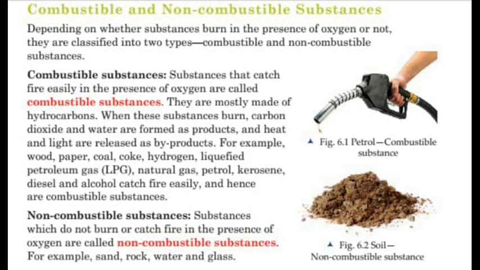For example, wood, paper, coal, hydrogen, liquefied petroleum gas, that is LPG, which we use in our homes, natural gas, that is CNG, which we use in vehicles, petrol, kerosene, diesel, and alcohol catch fire easily, and hence they are combustible substances. These substances can be burned easily in the presence of oxygen.